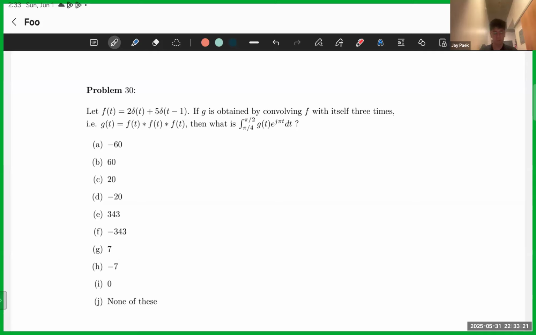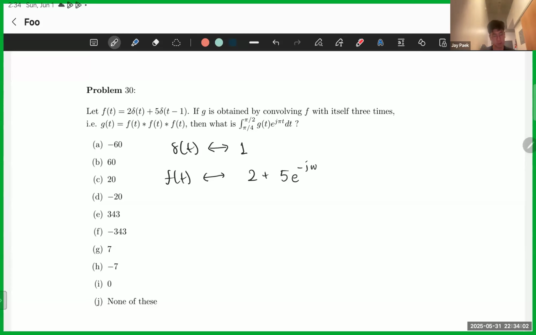Okay, I'll do it like this. I just want to see which way is the most optimal. We know that delta of t has a Fourier transform of 1. F of t will have a Fourier transform of 2 plus 5 times e to the negative j omega.